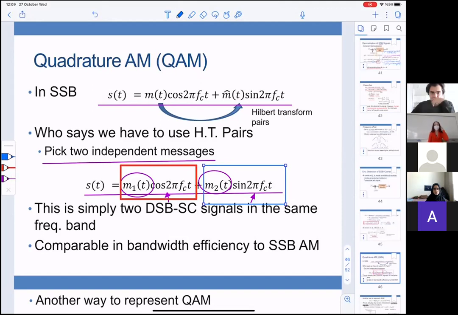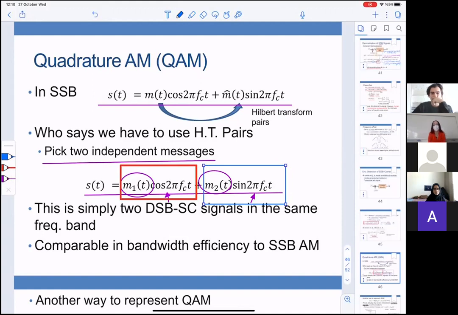So there are 2 double sideband suppressed carrier signals overlapping on the same frequency band. In time domain, we will be able to totally recover them separately. You will see it now mathematically. So we are transmitting 2 double sideband signals on the same frequency band.